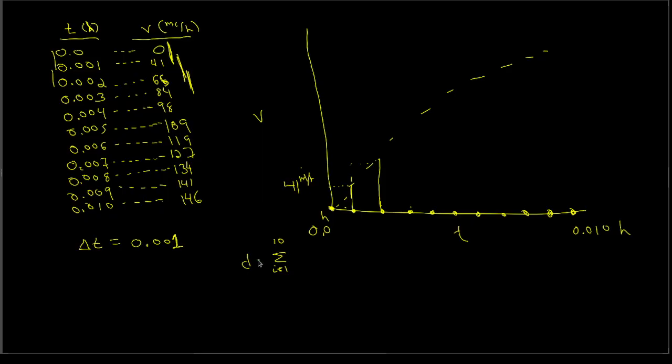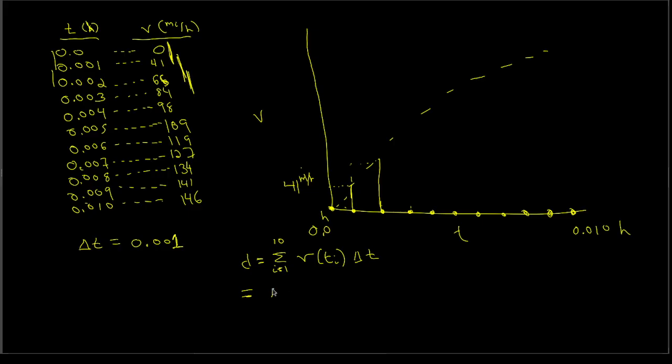And so my displacement, or how far I am from my starting position, not the distance I travel, will be my velocity at a given time sub i times delta t. And so if I sum these through, my first velocity is 41, and I'll do the trick I always do.